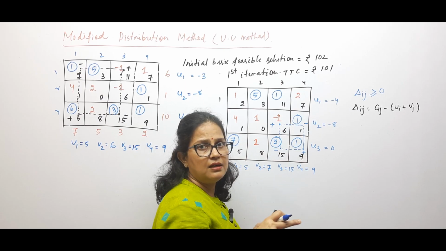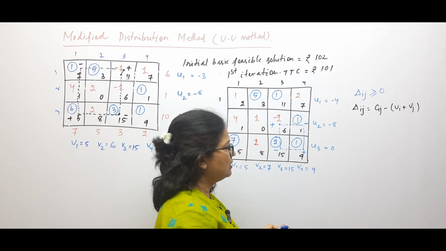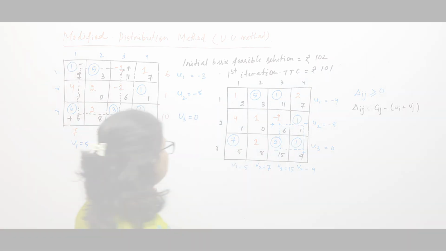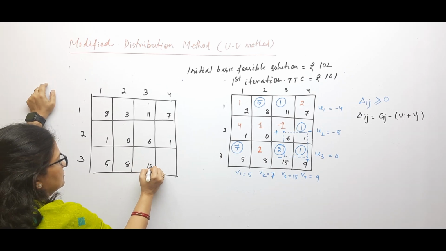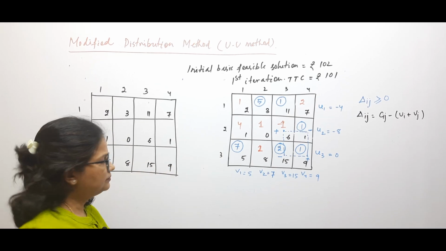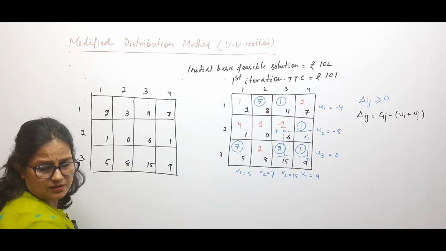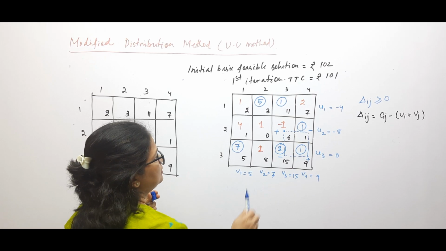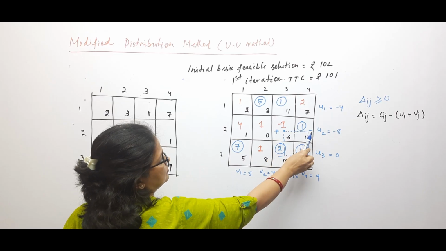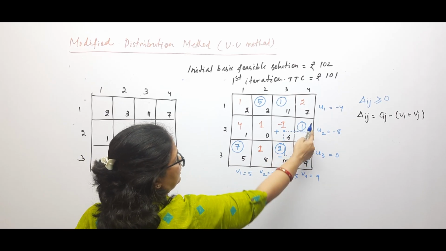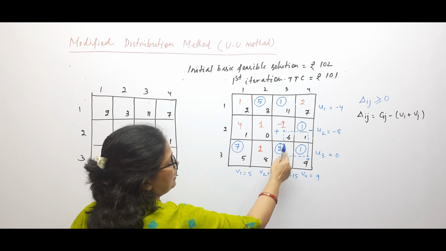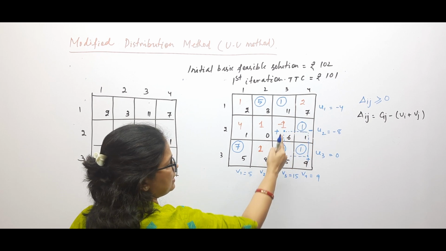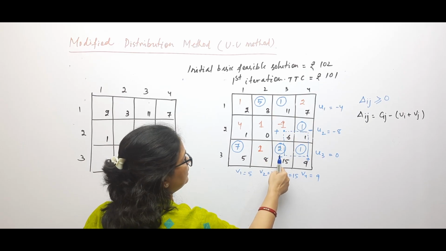Again we have to go for doing another table. Let us draw another table and we will do the allocations. Here the negative sign we need to check and the least allocation we need to check, and we add with the positive sign and subtract from the negative sign.